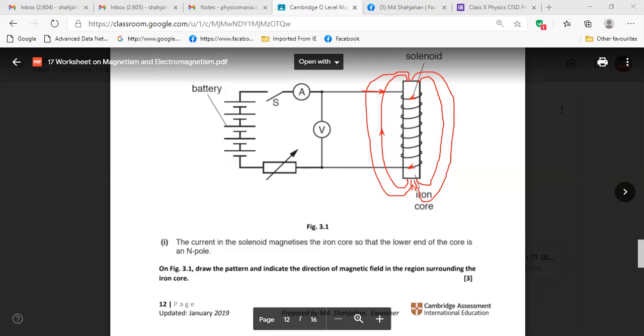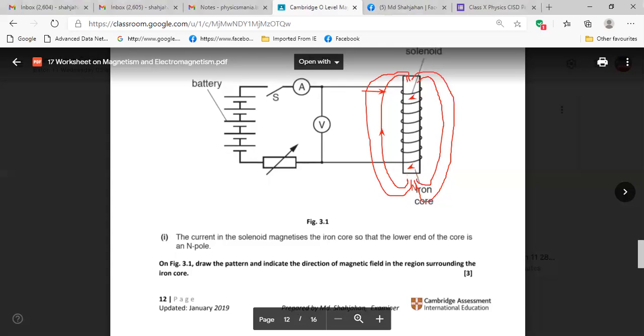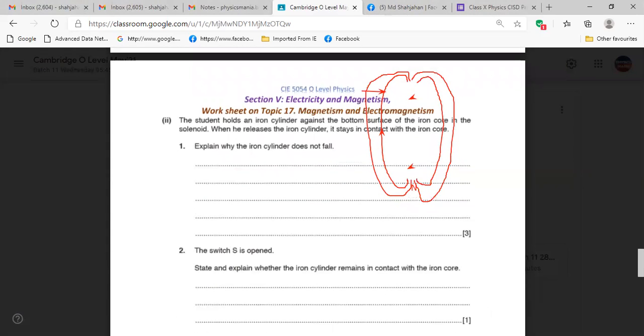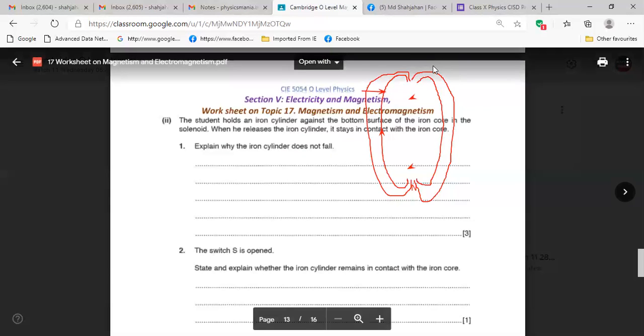The student holds an iron cylinder against the bottom surface of the iron core in the solenoid. When he releases the iron cylinder, it stays in contact with the iron core. So what should be the answer of it?